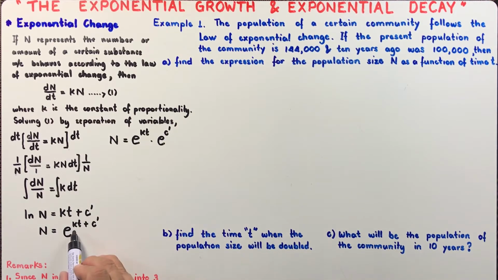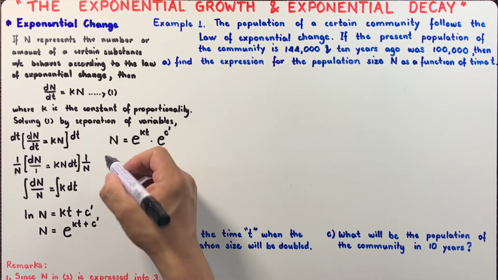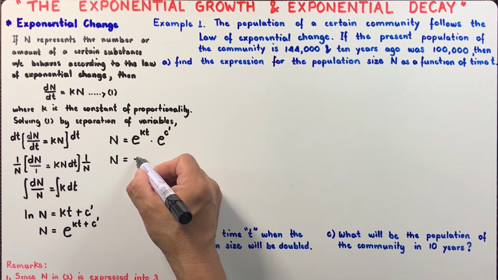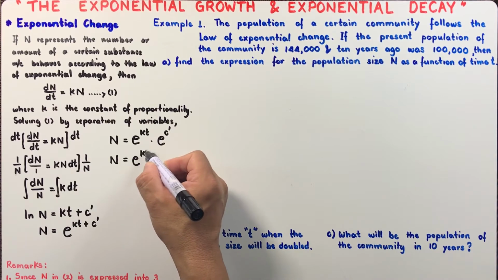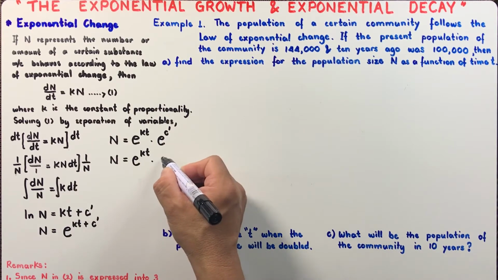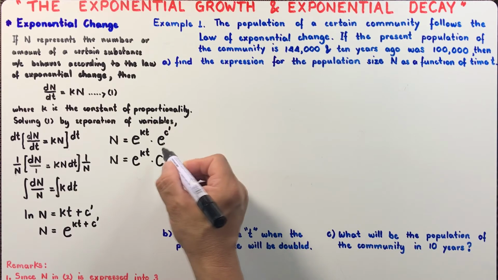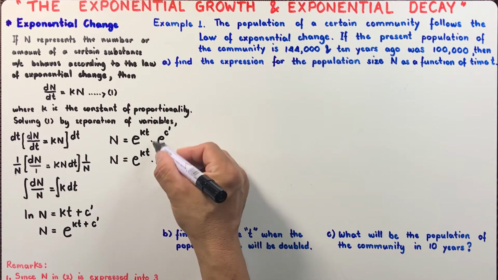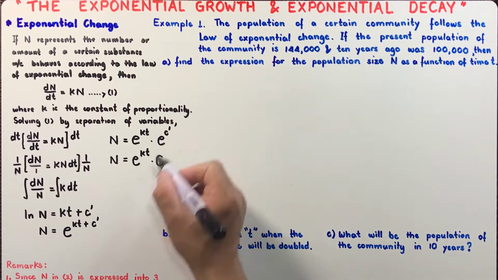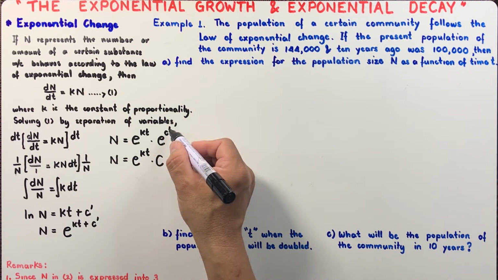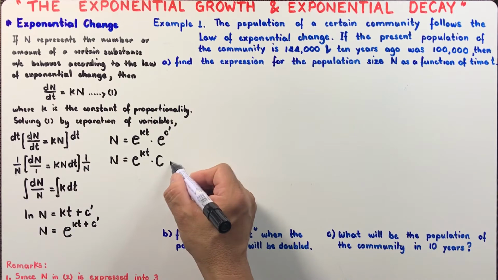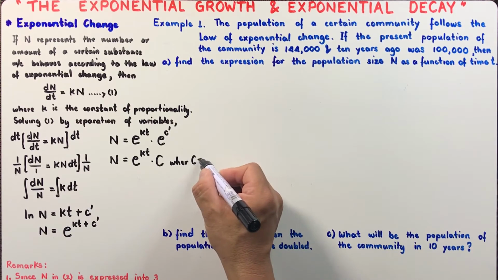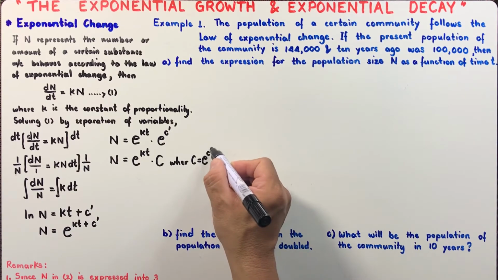So we write this as the big N equal to e to the power kt times some constant c, because the constant e raised to another constant c prime is still a constant. So we write c equal to e to the power c prime.